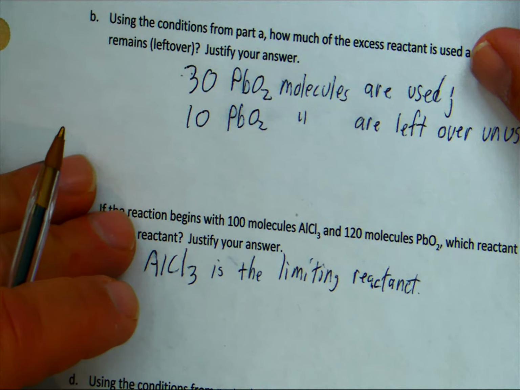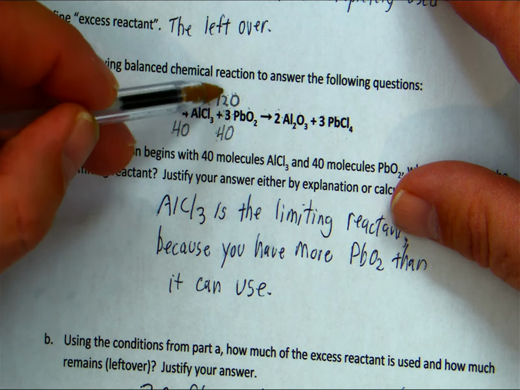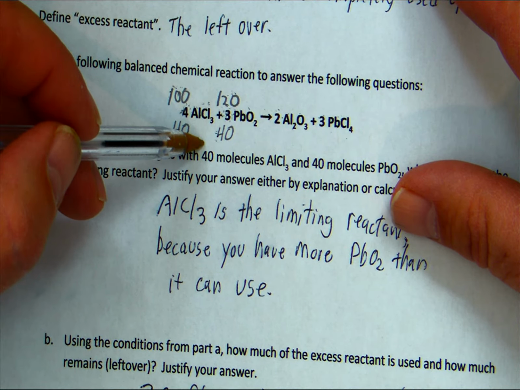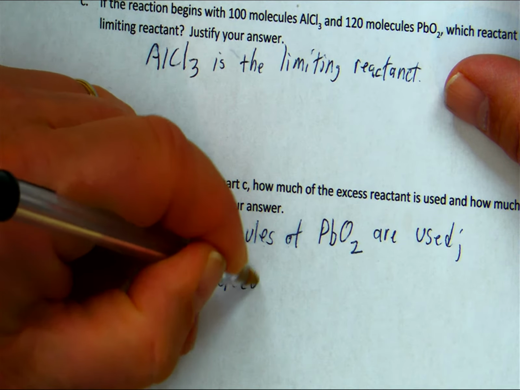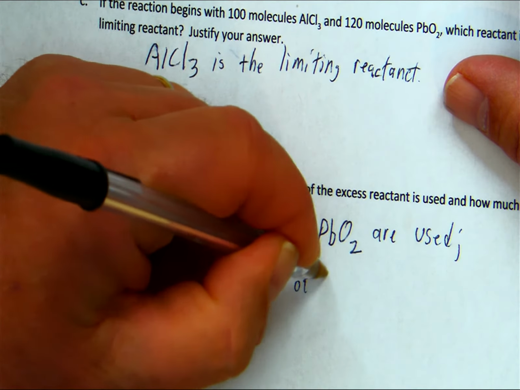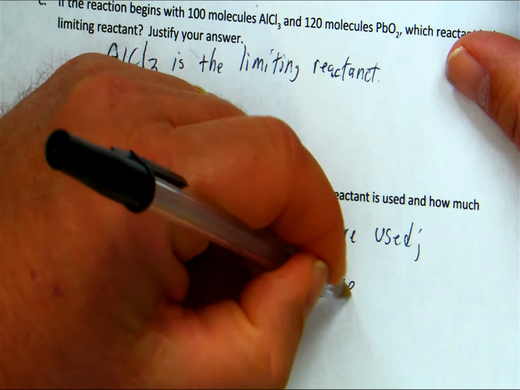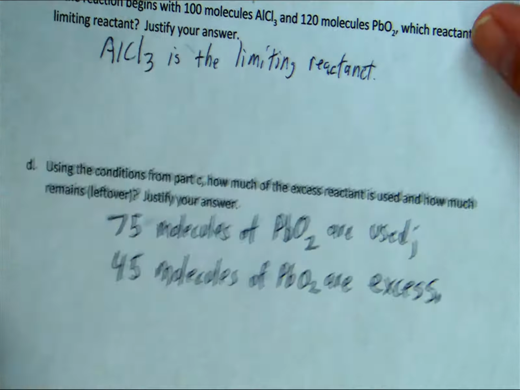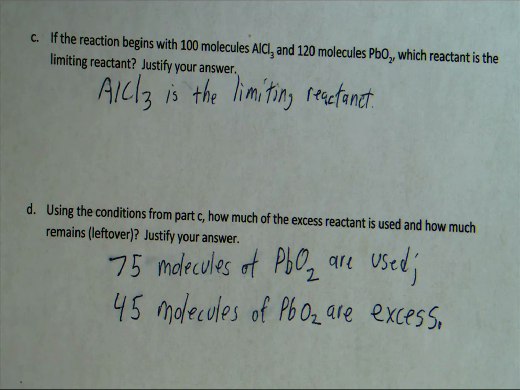And if I start with 120 and I use up 3 times 25 is 75, then what's left over is 25 plus 20 is 45 molecules of PbO2 are, go ahead, say it, excess. Dun, dun, dun, dun, dun. This concludes this little in-class worksheet.